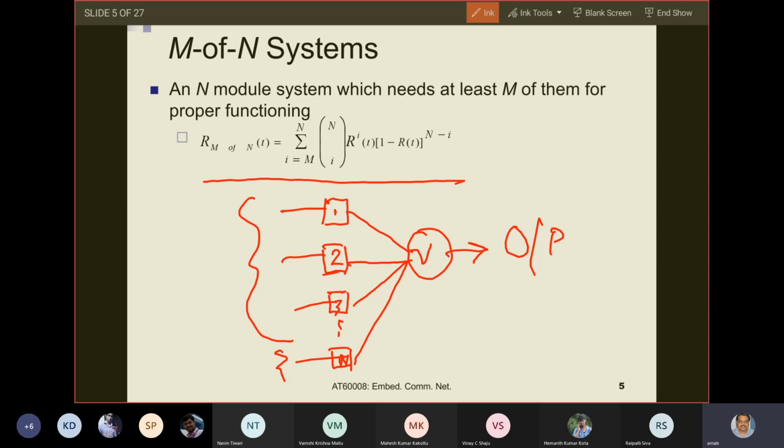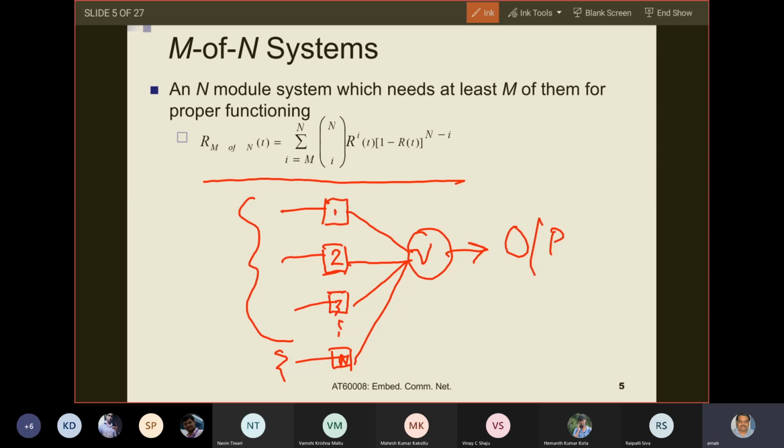NC2 or NC n minus 2, right? So you find out in how many ways you can have a situation in which two components are not working correctly and the n minus 2 are working correctly. Likewise, the equation will be NC n minus 2 into r to the power n minus 2 into 1 minus rt to the power 2. So this will be the case.